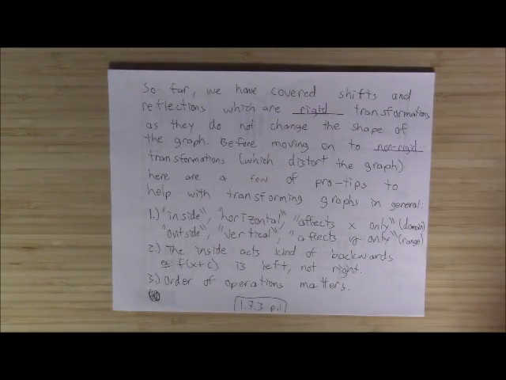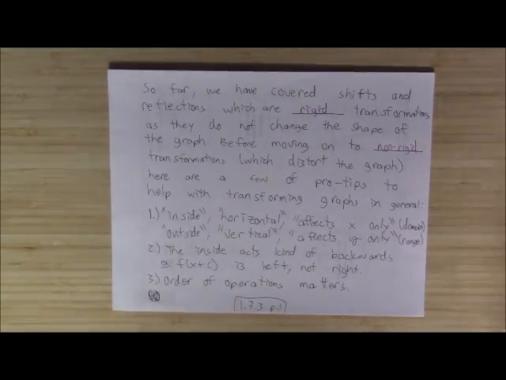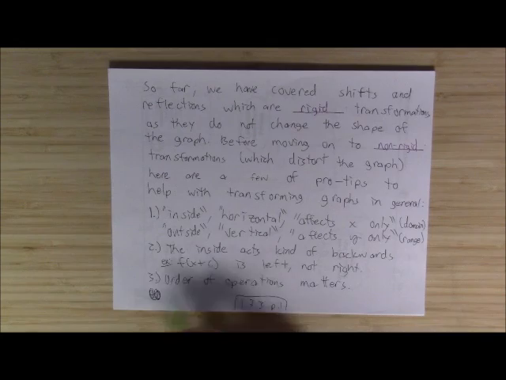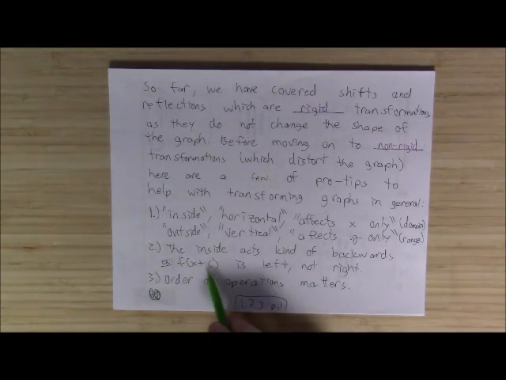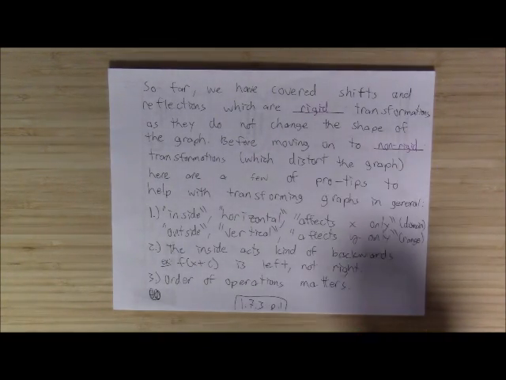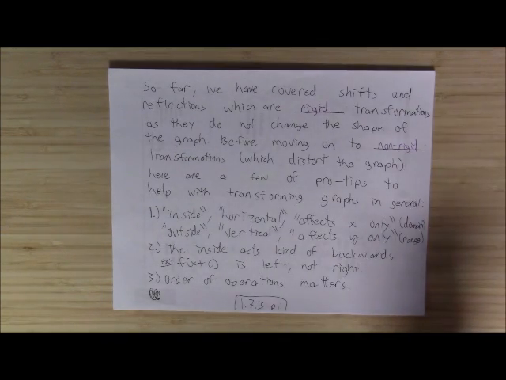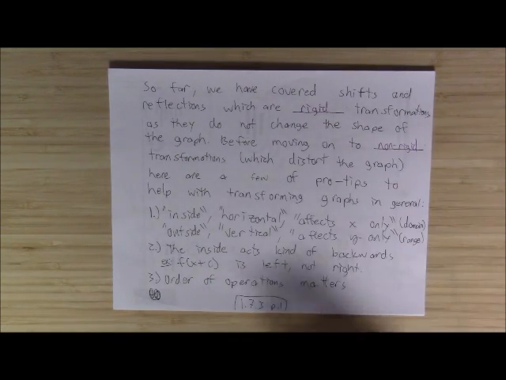The second pro tip is that the inside acts kind of backwards. Namely, you'd expect that adding c would shift it probably to the right, but it actually shifts it to the left. Similarly, when we subtract c on the inside, it shifts it to the right and not the left. So it's a little bit backwards on the inside. Finally, order of operations actually really does matter here.